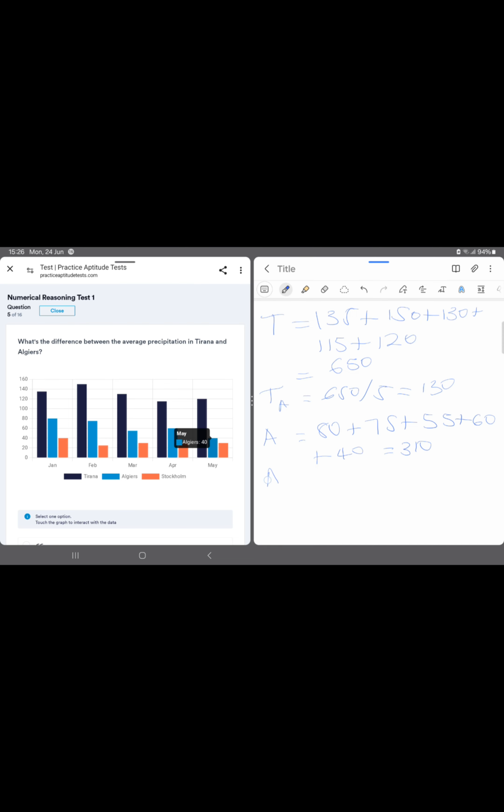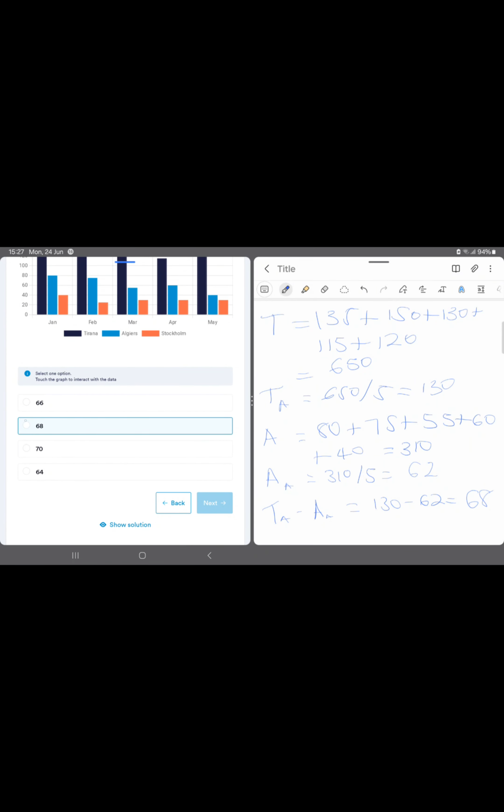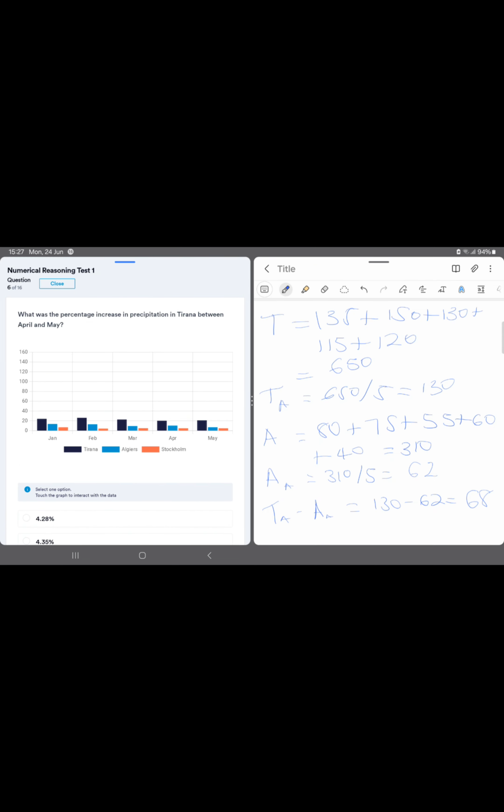Then the average will be 310 all divided by 5, which gives us 62. So the difference between the two will be TA minus AA, which is equal to 130 minus 62, which gives us 68. Okay, and that will be option 2.